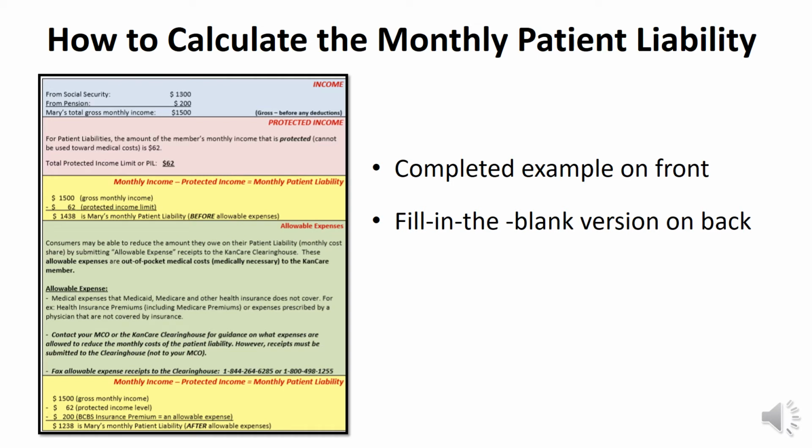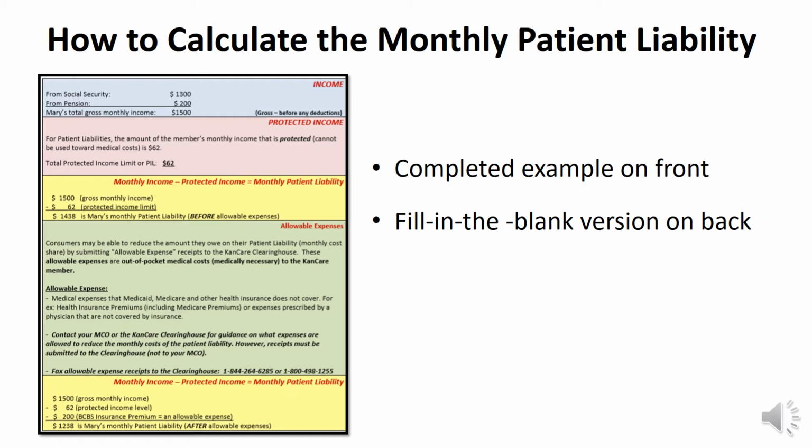The next line down, in the yellow, shows the formula for nursing facility patient liability, which is monthly income minus protected income. So her $1,500 gross monthly income minus $62 protected income leaves her with a $1,438 monthly patient liability.